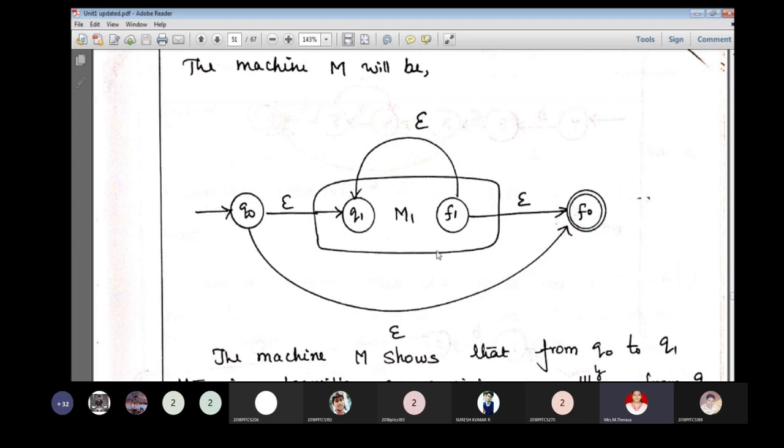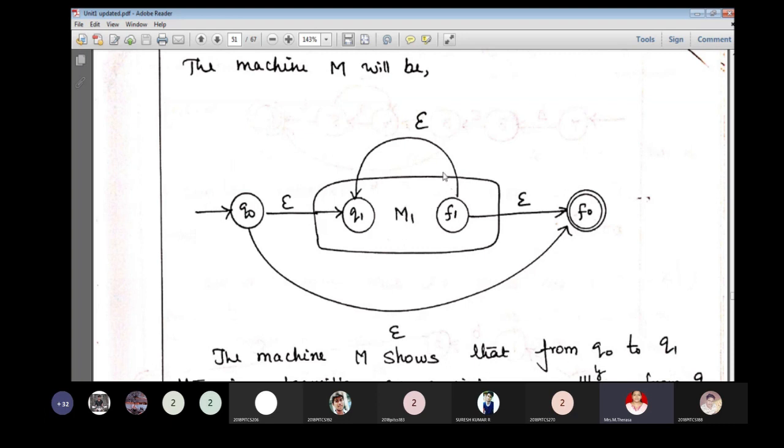machine M. You know the star operator tells zero or more. So by connecting Q0 to F0, we can accept epsilon, that is, zero times, zero or more.